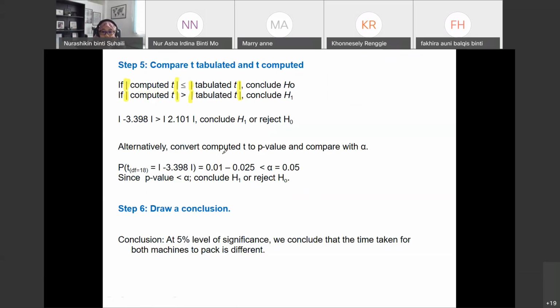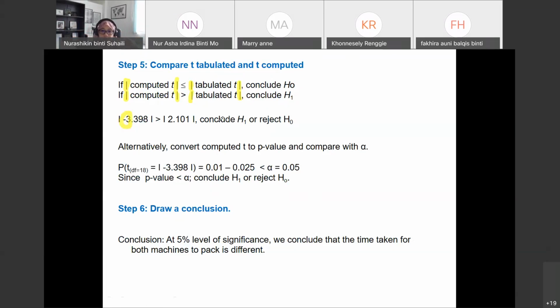So although the T computed is minus 3.398, because of that bar, it only considers the positive value, 3.398. So now you are comparing 3.3 and 2.1. Obviously 3.3 is greater.